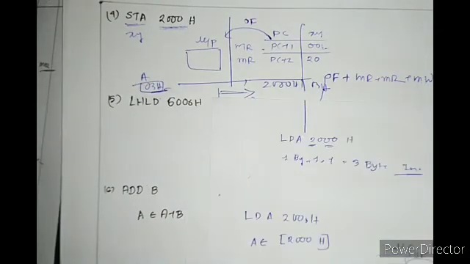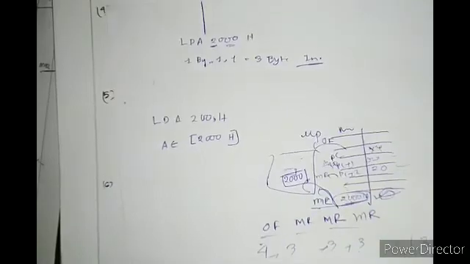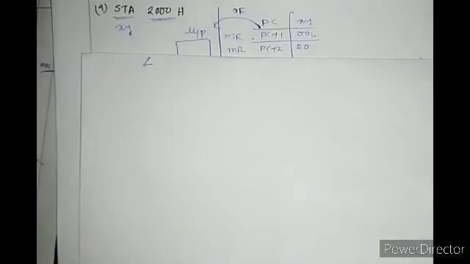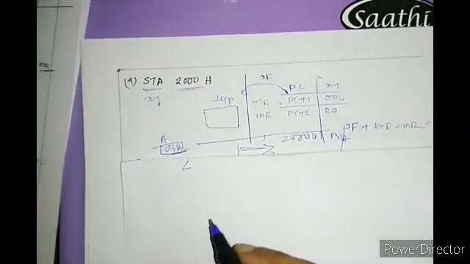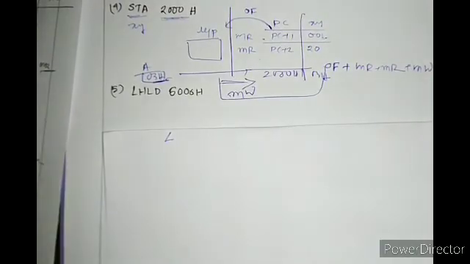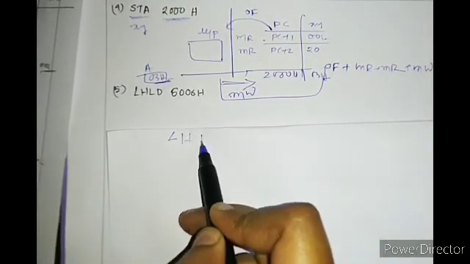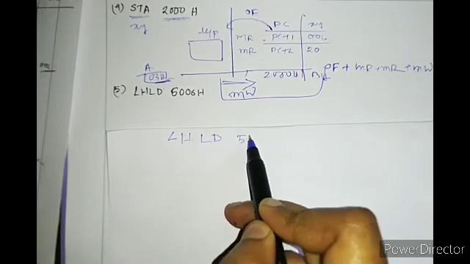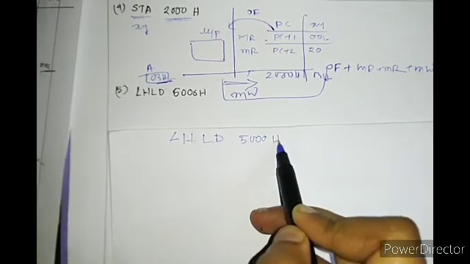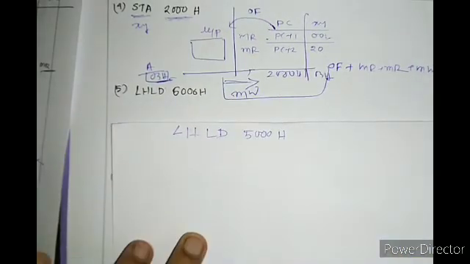Okay, so my next instruction is LHLD. Again it's a 3-byte instruction.